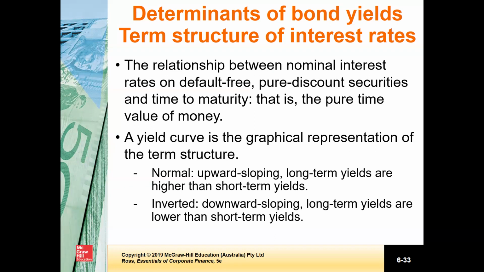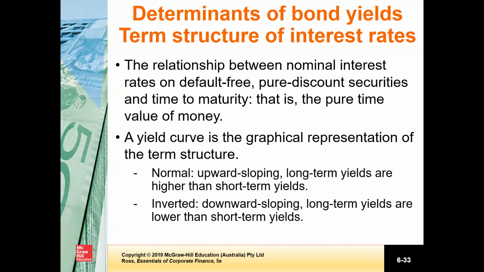The relationship between short-term and long-term interest rates is known as the term structure of interest rates. To be a little more precise, the term structure of interest rates tells us what nominal interest rates are on default-free pure discount bonds of all maturities.